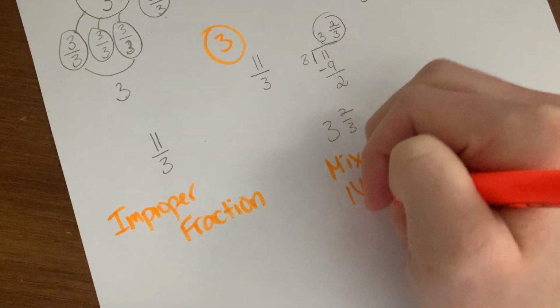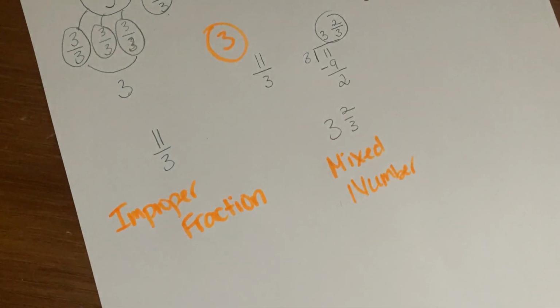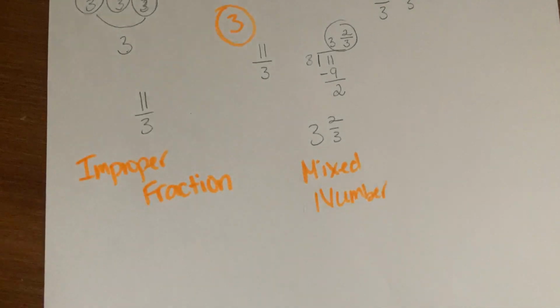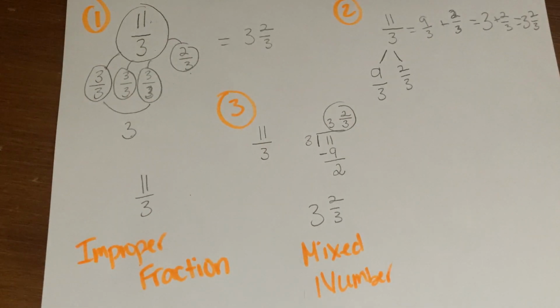And it's called a mixed number because it has both wholes and fractions in it, okay? So just a little clarification on that. So you can use whichever of these 3 methods you like. It does not matter to me.